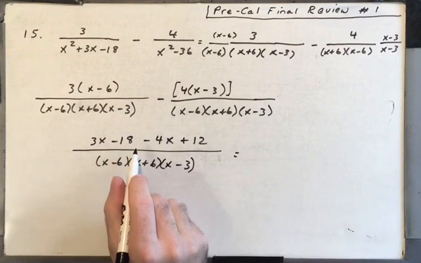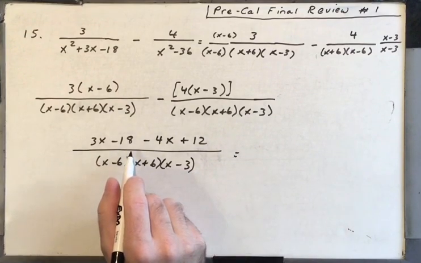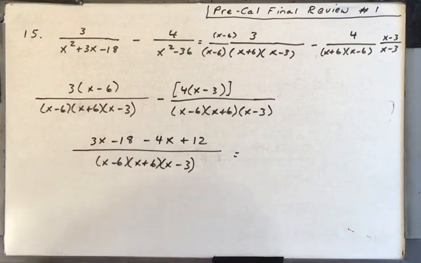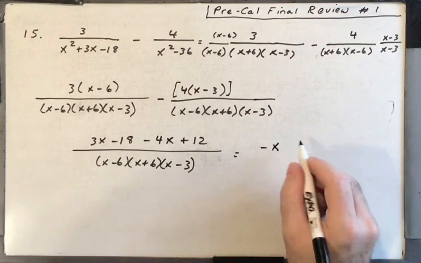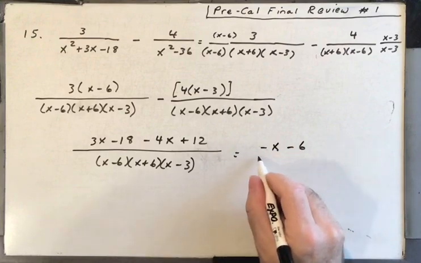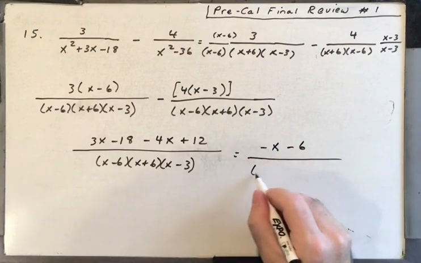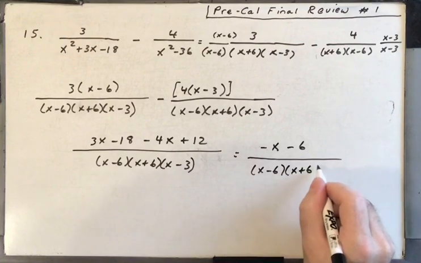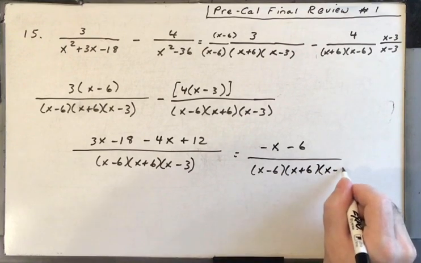And now we just have to work on the top here. So I'd have 3x, that'd be negative x on top, and then minus 6 over x minus 6, x plus 6, x minus 3.